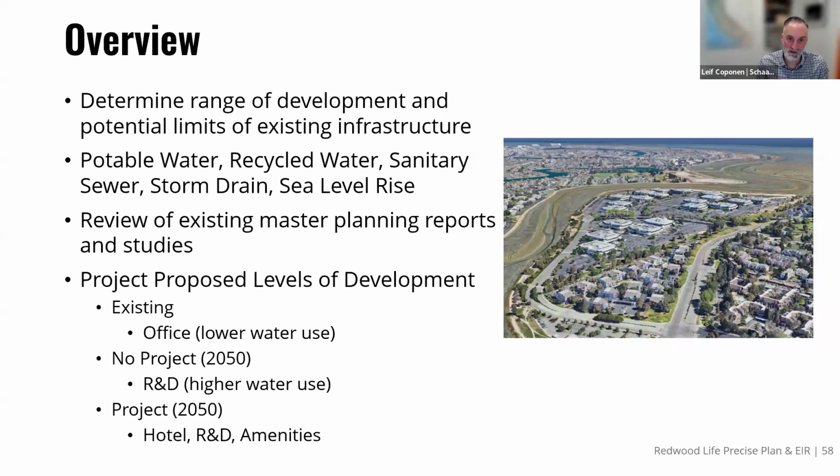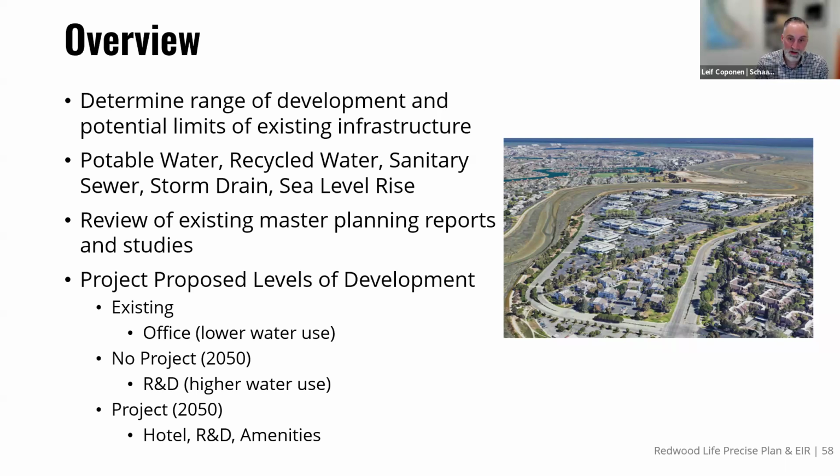We will do that as we get further on in the process. We looked at the city-owned wet infrastructure, including potable water, recycled water, sanitary sewer, storm drain, and then we also looked at sea level rise considerations.